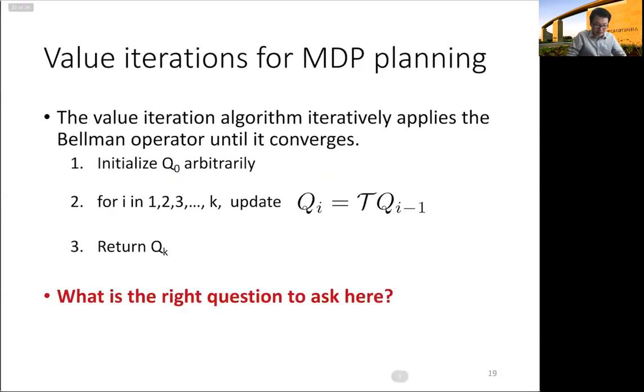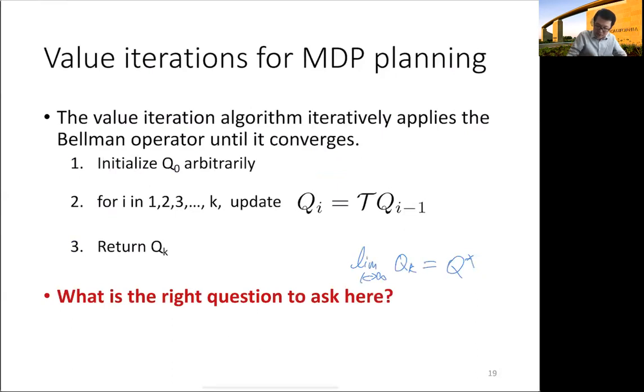All right, so I hope that's a simple enough algorithm. Whenever we look at this kind of iterative algorithm, what is the right theoretical question to ask here? We can ask, does it converge at all? In the limit as k goes to infinity, is Qk equal to Q star?